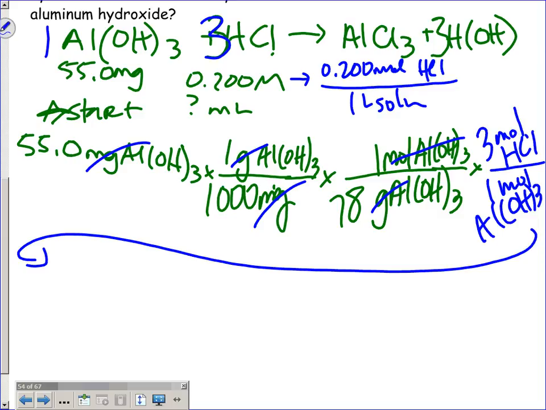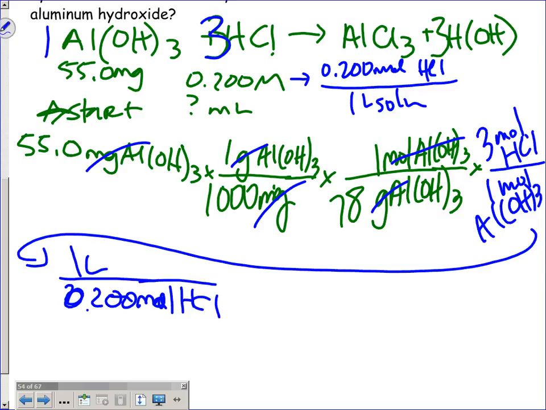If I left the moles here and plopped this down, would anything cancel? No. What do I need to do with that? Flip it, right? So taking my molarity as a conversion factor, 1 liter goes on top, 0.200 moles of HCl go on the bottom. So that would cancel this mole of HCl and this mole of HCl.